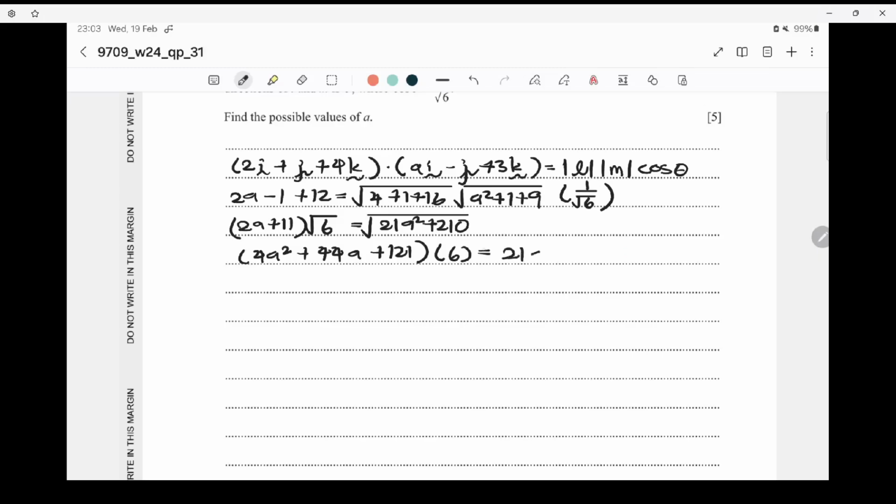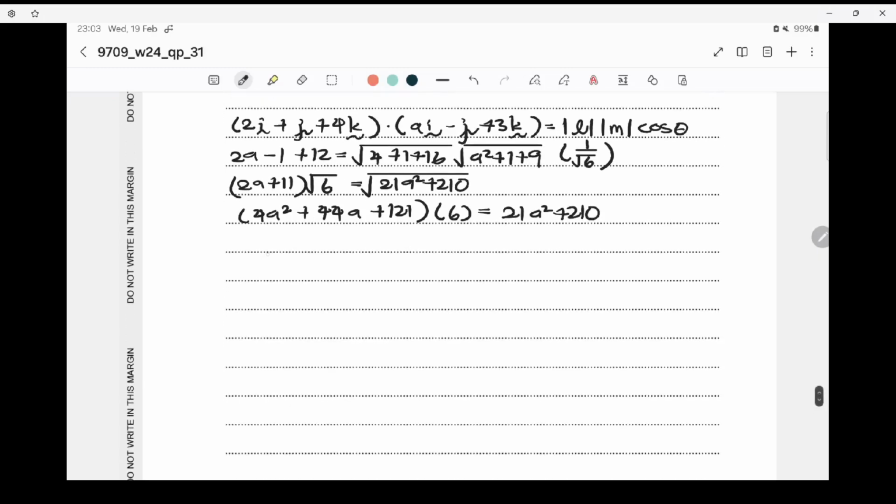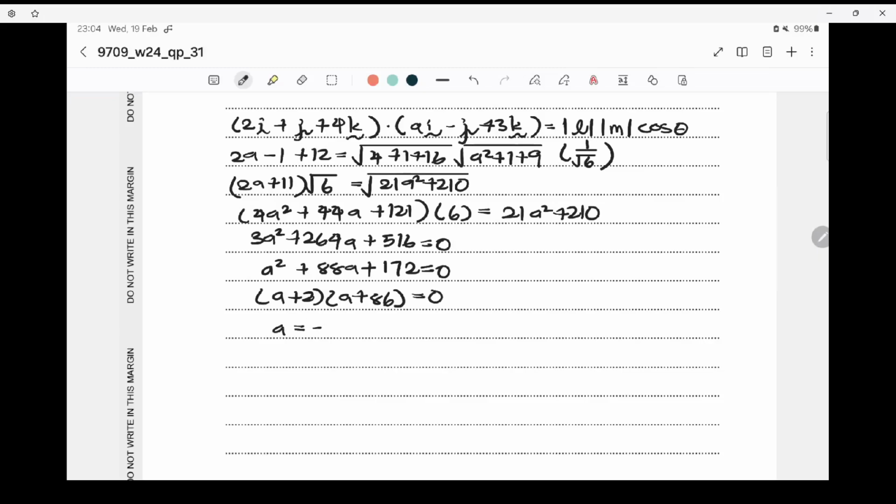You have 21a squared plus 210. Simplify everything, you would get 3a squared plus 264a plus 516 equals 0, or a squared plus 88a plus 172 equals 0. So factorize it. a plus 2, a plus 86 equals 0, or a equals minus 2 or minus 86.